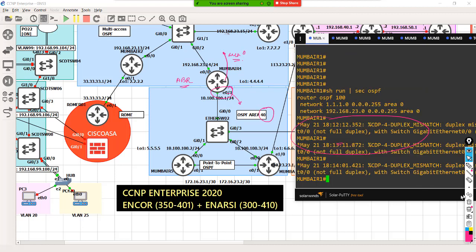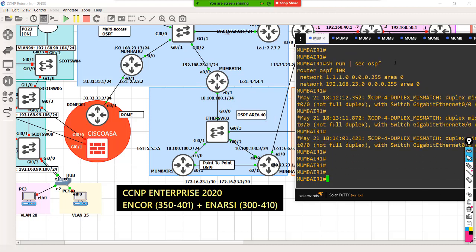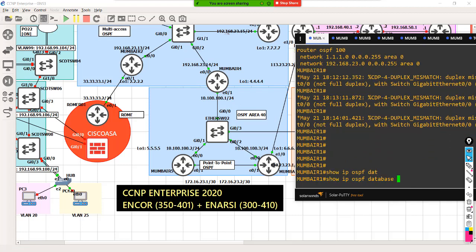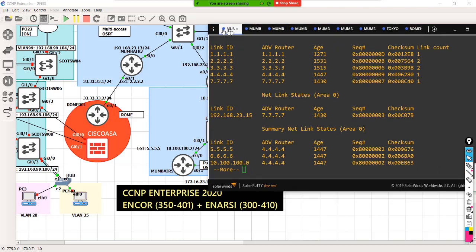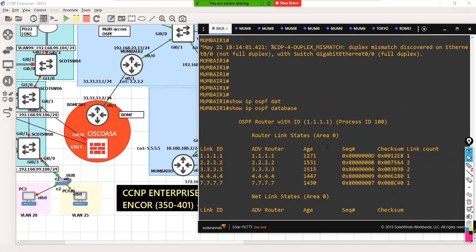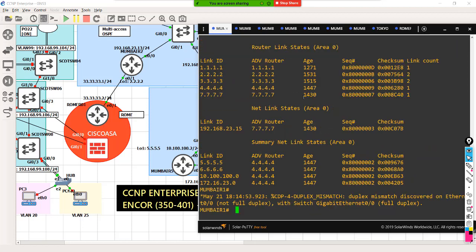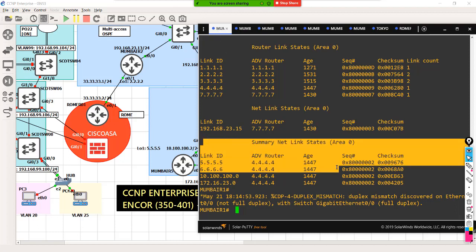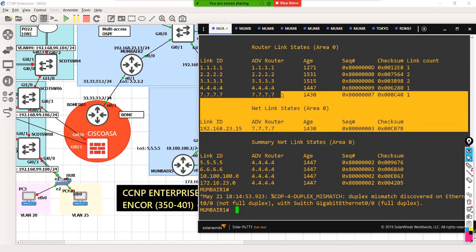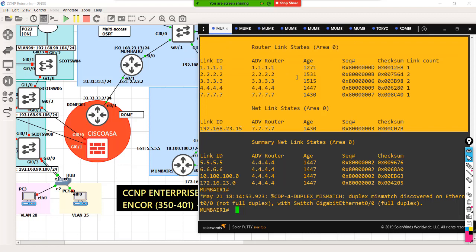So let's see what is the database on the first router. If I go show IP OSPF database, let's see what do I have. So you will see the additional LSA, which we had not seen in the previous class. We had seen only the first two LSAs, right?